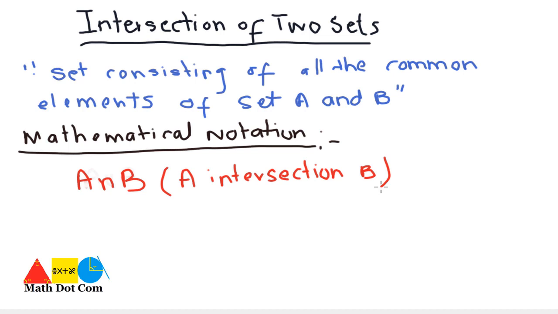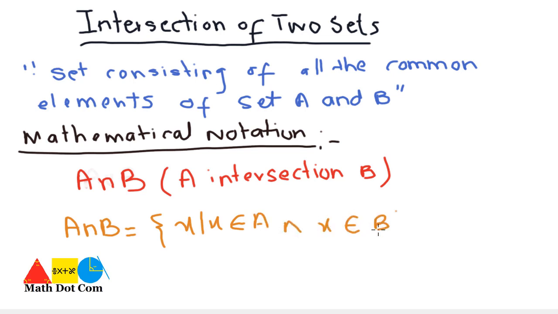In set builder form, you can write the intersection of two sets as A intersection B equals {X such that X belongs to A and X belongs to B}.